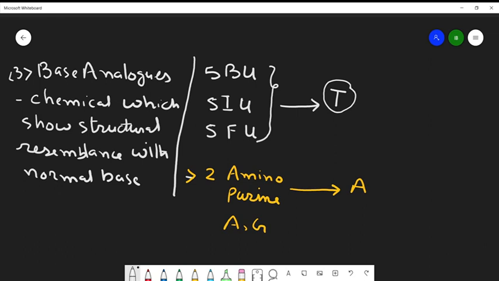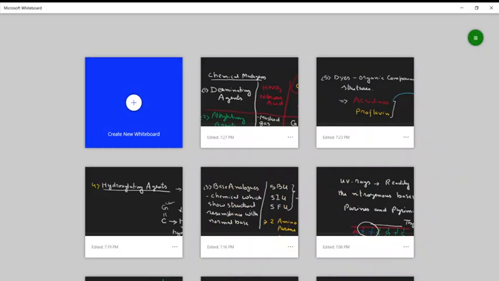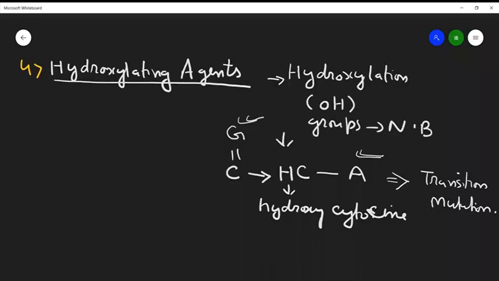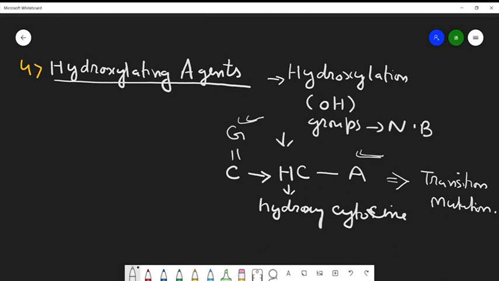Then, last but one, we had talked about the hydroxylating agents. Hydroxylating agents are those which bring about the addition of the hydroxyl groups to the nitrogen bases.